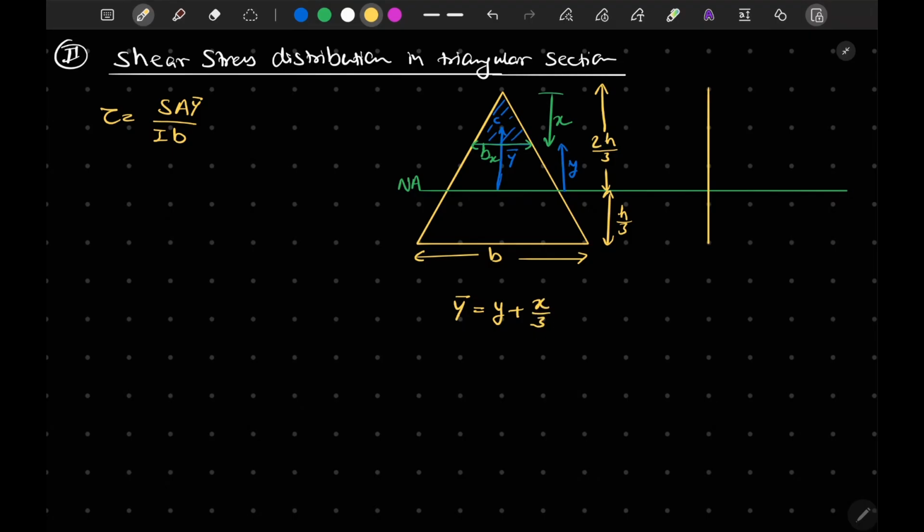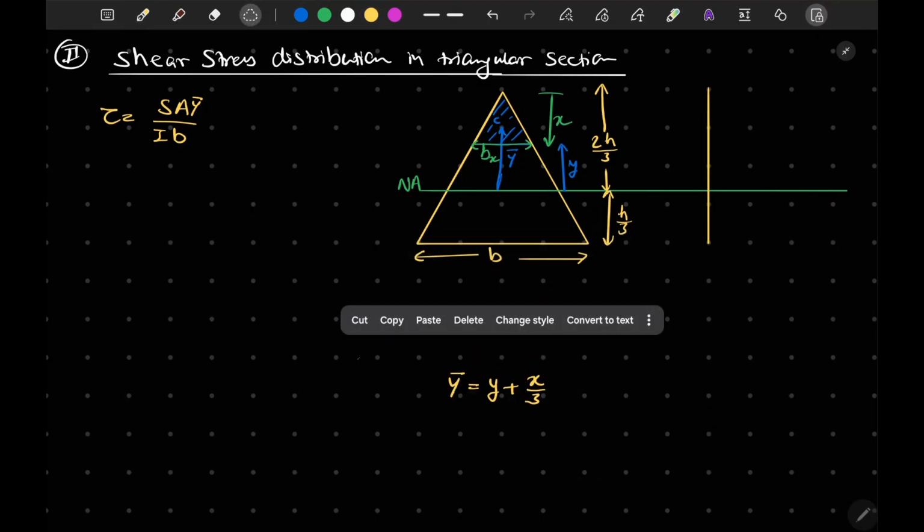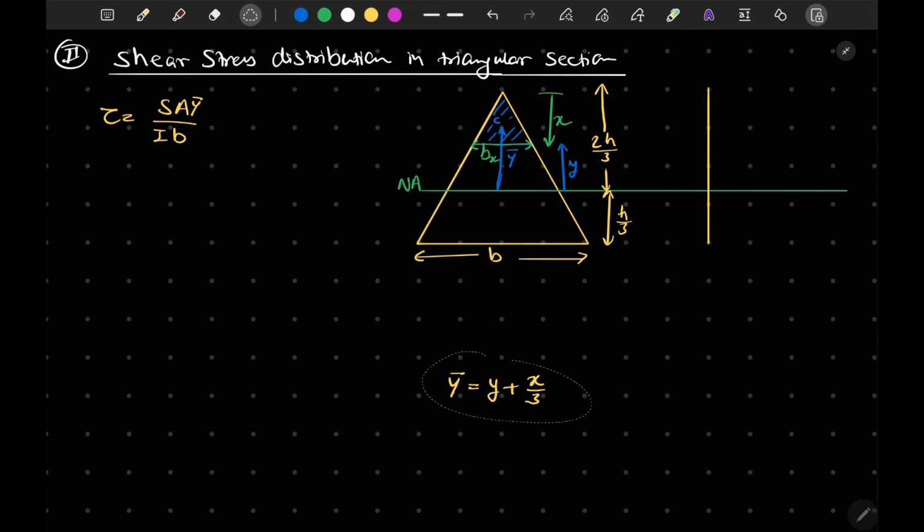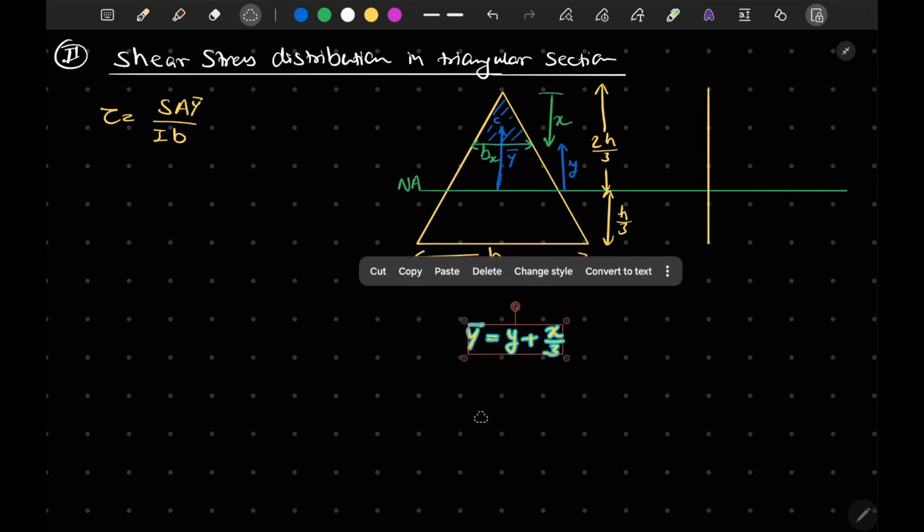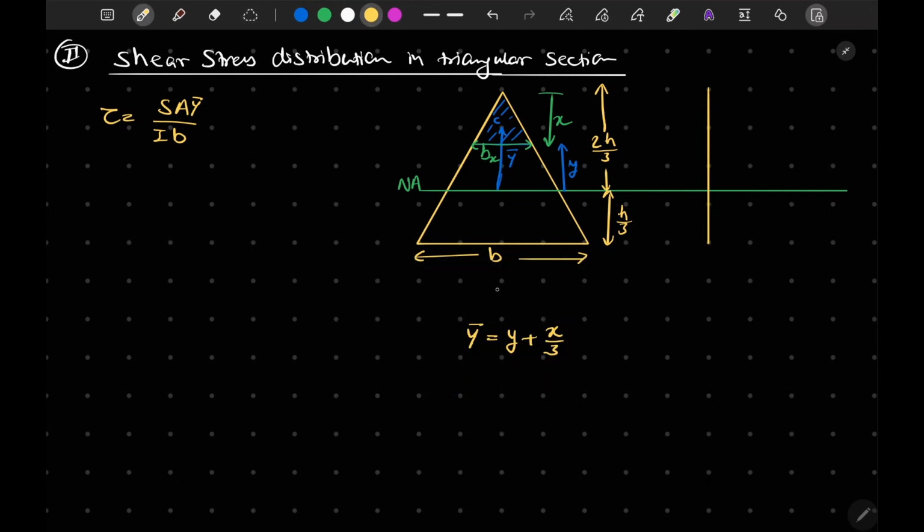Now there must be some relation between x and y, and let me mention it here above these all. So from here we can write that x plus y is equal to 2h by 3, so our distance x is equal to 2h by 3 minus y.